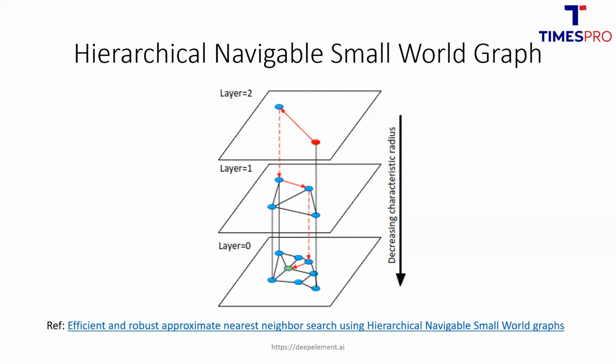So as you're going from the top level to the bottom level, you're traveling lesser and lesser distance. You have traveled the bulk of the distance in the top level graph. You're traveling lesser distance in the next level graph, and lesser in the next. But at the same time, you're zooming in to that region where your query point is.